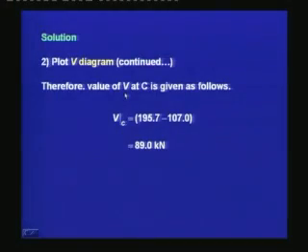Since we know the shear at the intermediate support, we can calculate the shear at C by the relationship 195.7 minus 107 gives us 89 kilonewtons at C.